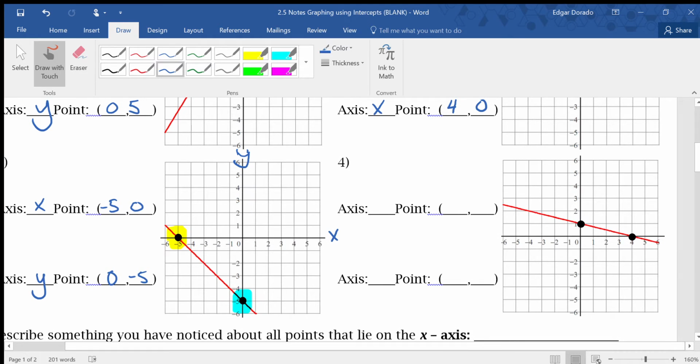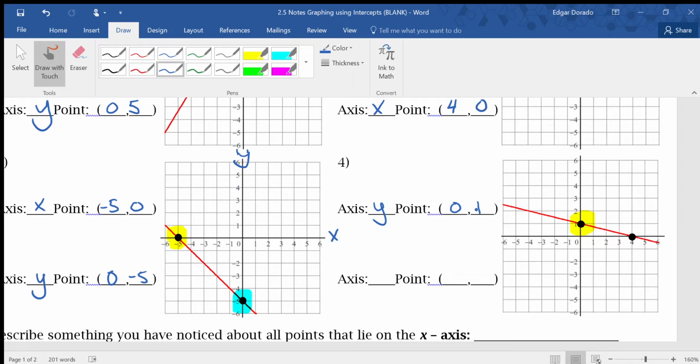All right, now let's take a look at this next one here. Start with the left. Okay, so that is 0 comma 1, and that is on the y-axis.